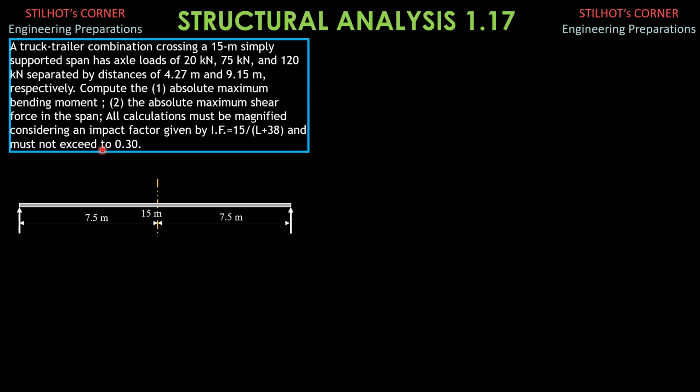So here is the first situation. Let's assume first that all loads lie on the span, and by principle, the absolute maximum moment occurs under the heaviest load when that load and the resultant of the loads are positioned equidistant from the center line, and the distance between them is E, so the distance from the center line is E over 2.